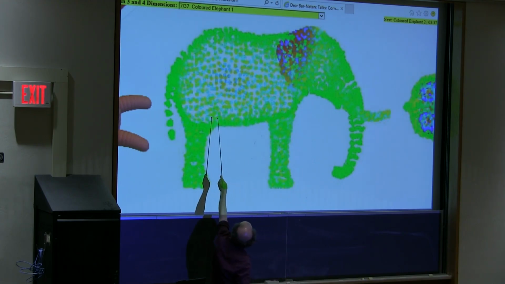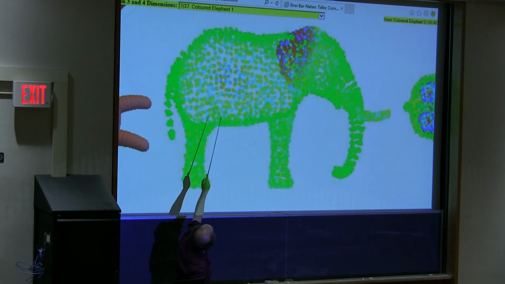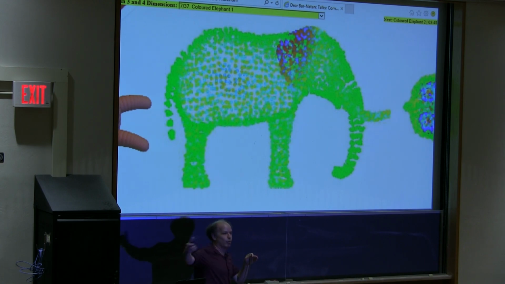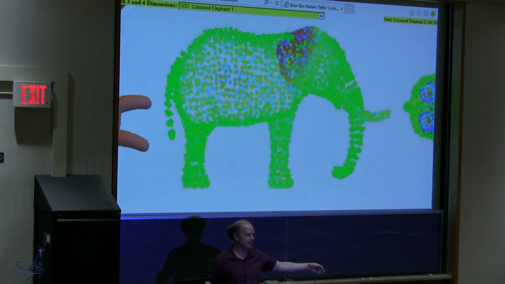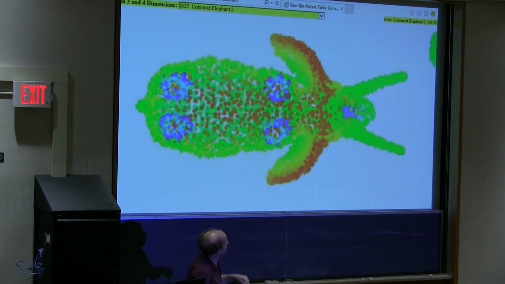I can tell that this elephant has nothing in its belly, because if you look in the middle, you see only 2 colors of dots, the yellowish and the bluish. So these are one side of the belly and the other side of the belly, but there is nothing inside.